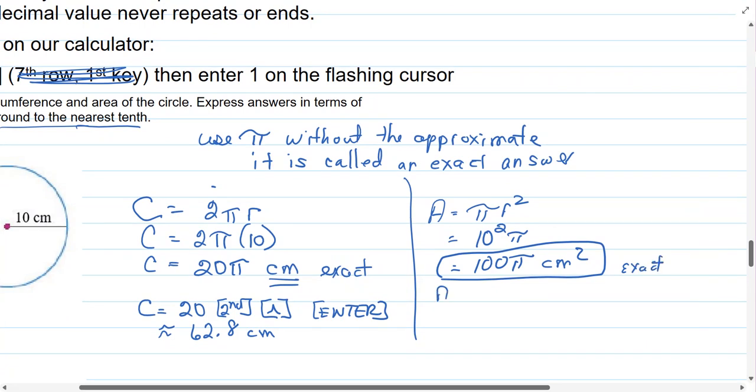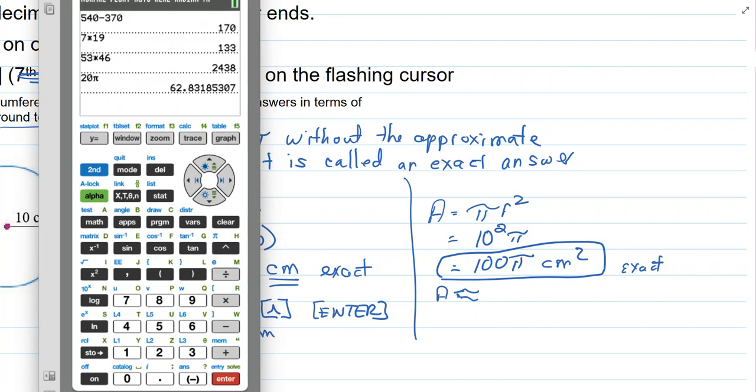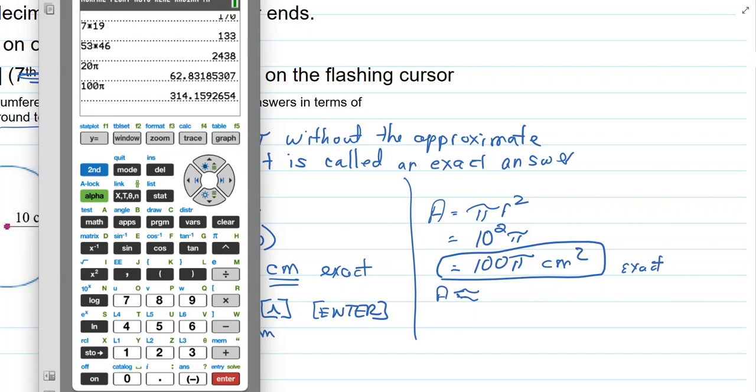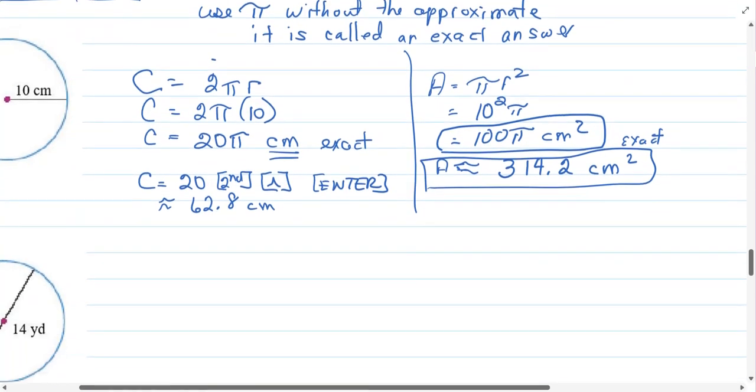Now we're going to do the approximate. Second up caret, enter. And we're going to have 314.2, and this is centimeters squared. So we have the approximate and we have the exact.